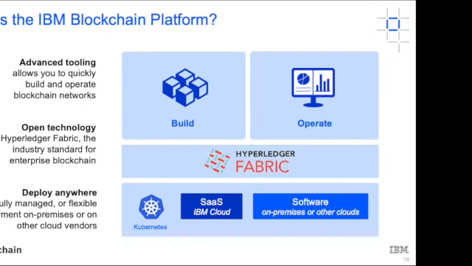Now, where does IBM Blockchain Platform provide value? Well, again, the whole idea around vendor lock-in, we want to stay away from that. IBM really is all about open source and open governance these days. But what we do is provide additional value when it comes to both the tools to build out your network, to build out your smart contracts, develop those networks and those smart contracts, and also around the operations piece, the maintenance.